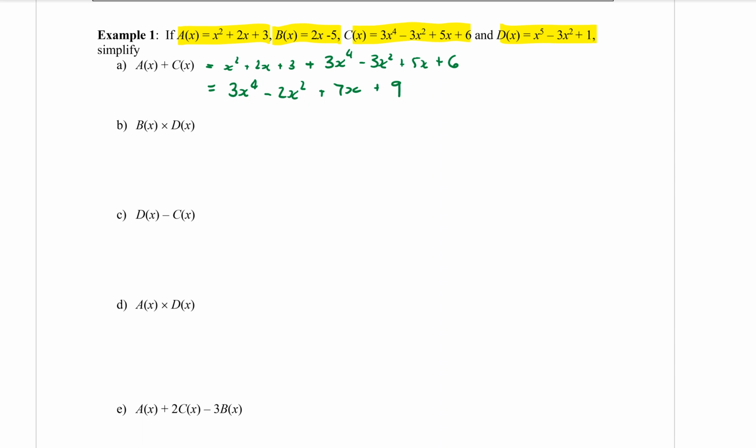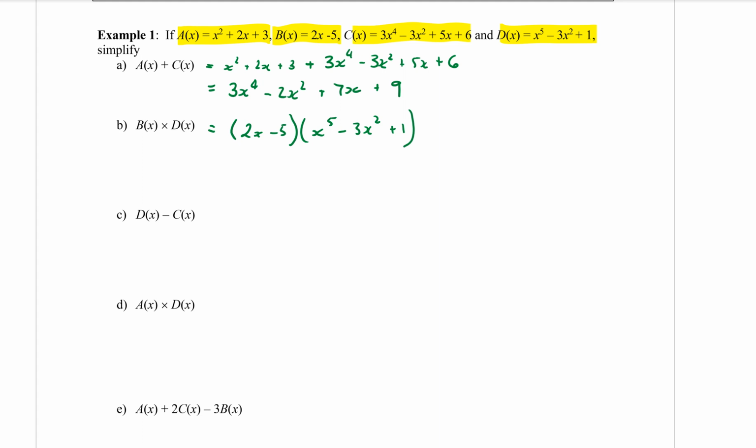Okay, part B. We want to multiply b of x, so let's write that down. We're multiplying, so I am going to need brackets. B of x is 2x minus 5, and d of x is x to the power of 5 minus 3x squared plus 1. And I need to just expand that out.